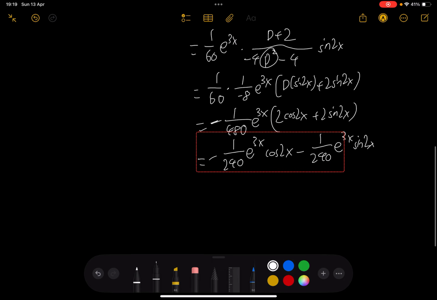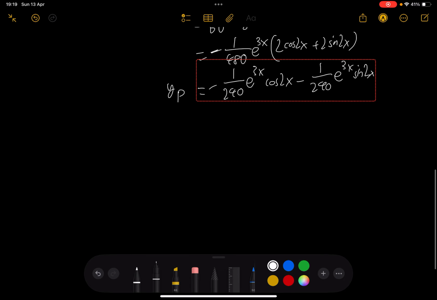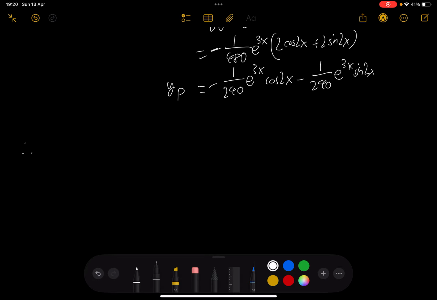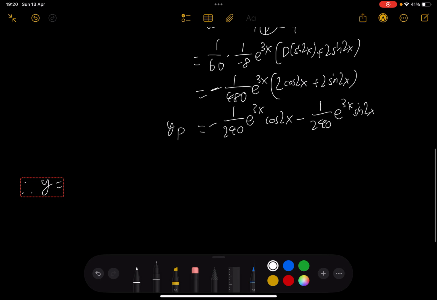Since we know that this is our y_p, therefore we can just combine this. So the solution is y equal to, first you write down the homogeneous part: c1 cosine x plus c2 sine x plus c3 e to the x plus c4 e to the power of negative x.